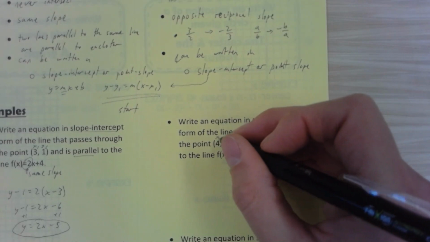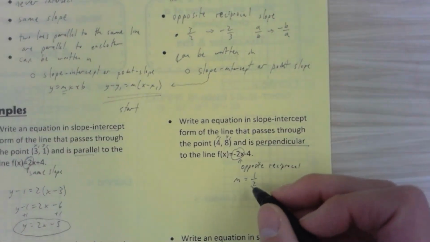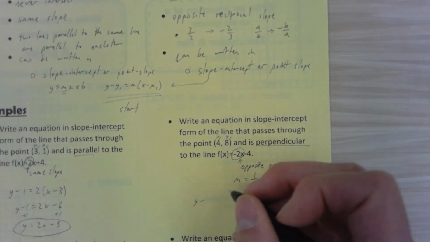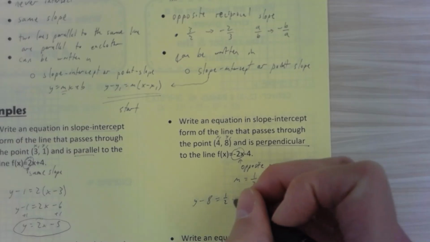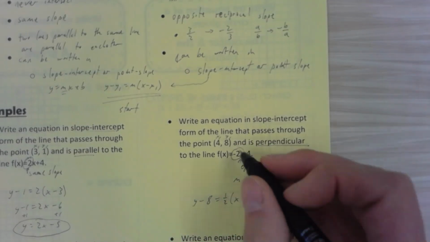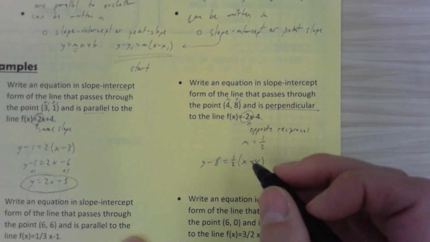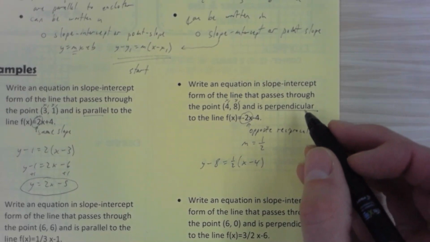So our line for the x1, y1, and remember this is our m over here. So y minus y1, 8, equals m, 1/2, times x minus x1, which is 4. Okay, so the negative 2 is not the slope that we use in the point slope form. It's the opposite reciprocal slope if we're trying to write a perpendicular line.